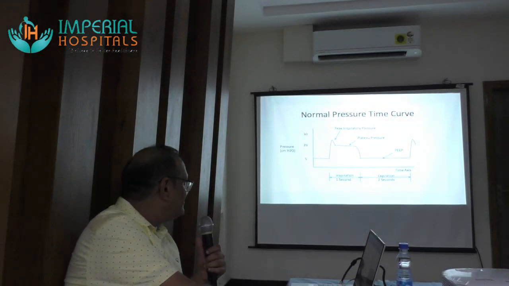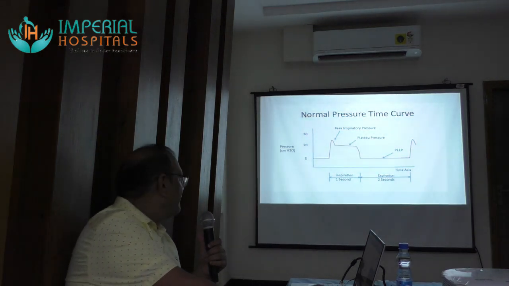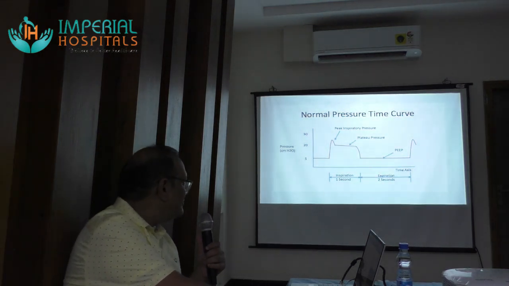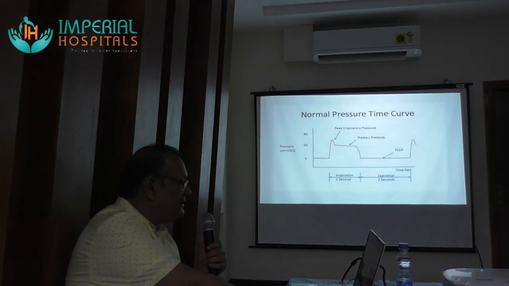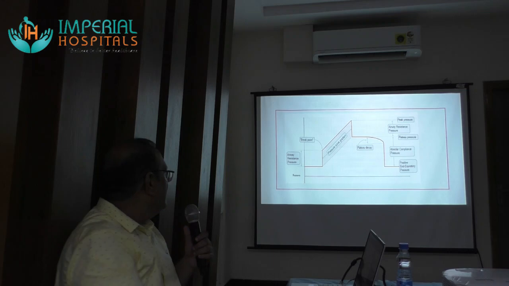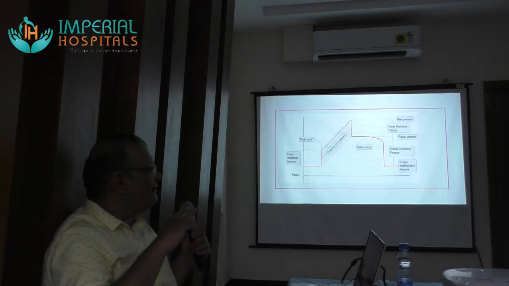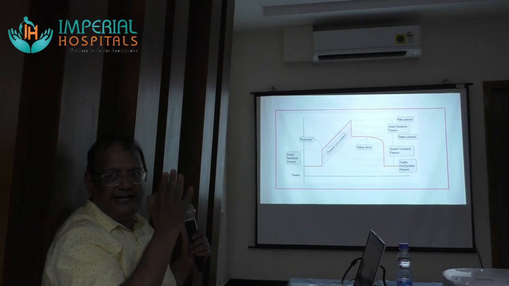And at the initiation of the mechanical ventilation, this is when the breath is initiated, you'll see a sharp rise in the pressure, and we'll get a better picture there. Okay, so you'll see a sharp rise in the pressure, followed by a gradient, right?